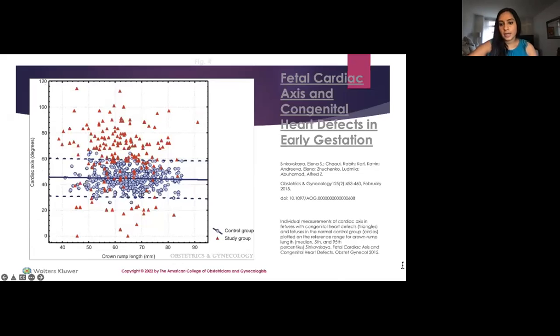So a normal cardiac axis was 30 to 60 degrees, and the blue circles are showing your control group, and the red triangles are the fetuses with congenital heart disease. And we see that there is a significant cardiac axis deviation with abnormal fetuses. As you can see, there are many more red triangles up here, and more of your blue circles are down here. So just a nice visual representation of that.